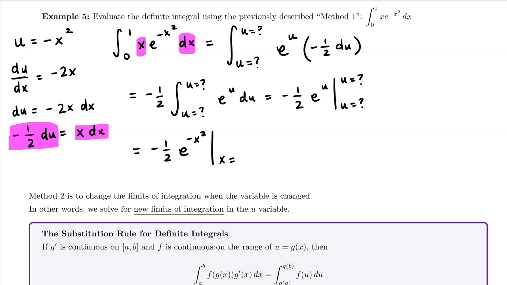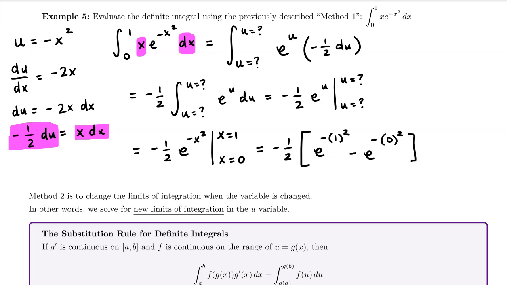So it's going to be from x equals 0 to x equals 1, and negative 1/2 is a constant. I can factor that out, and now I'm evaluating e to the negative x squared, starting off by plugging in x equals 1, and then subtracting e to the power of negative 0 squared.